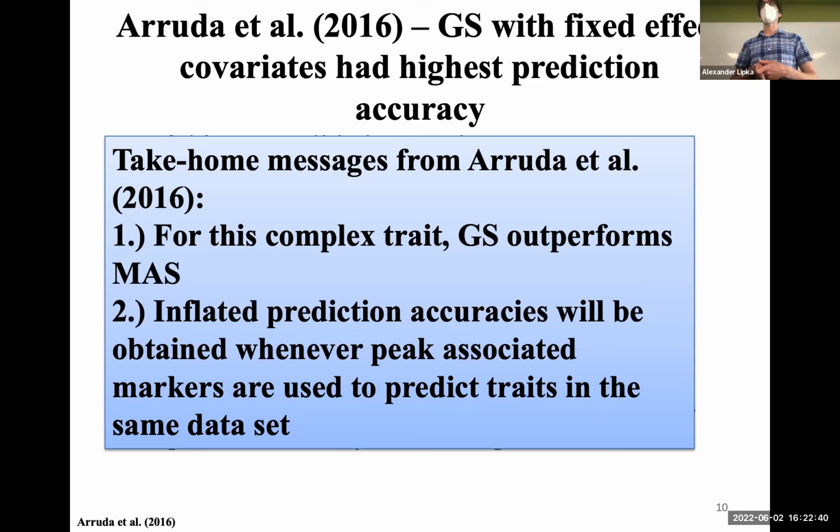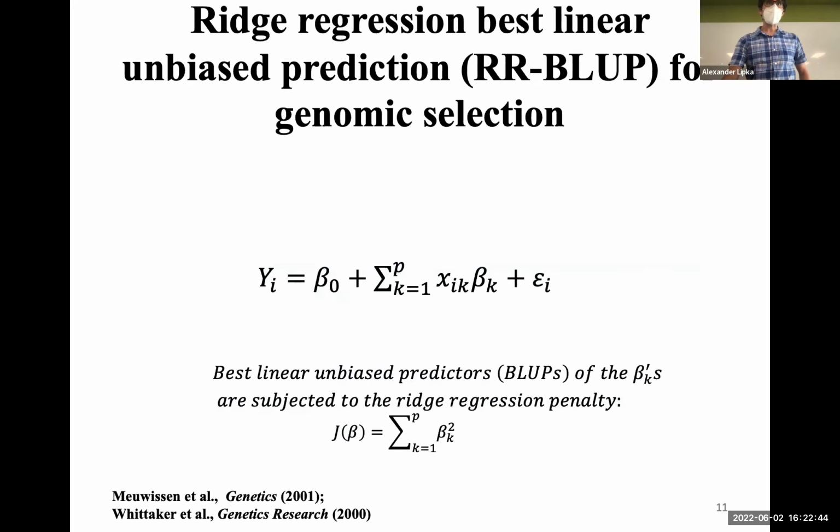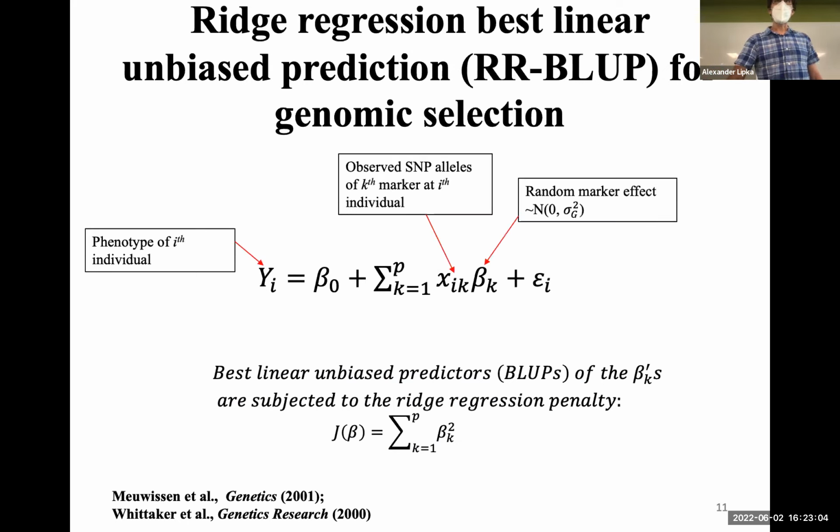Are there any other questions? Okay, so here is a recap of the RR-BLUP model. We're going to go over the bells and whistles, and then talk about what it has to do with what we're discussing. Our Y variable is our phenotype of interest. If we have a set of P markers, each of them is included in the model, and its additive effect is included as a random effect.